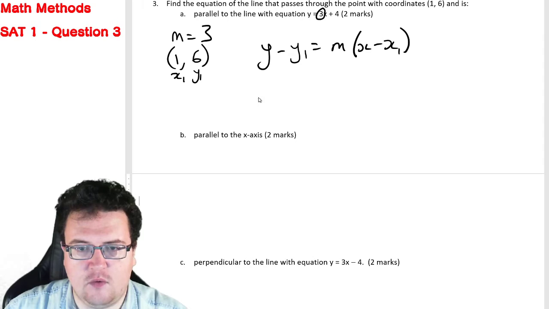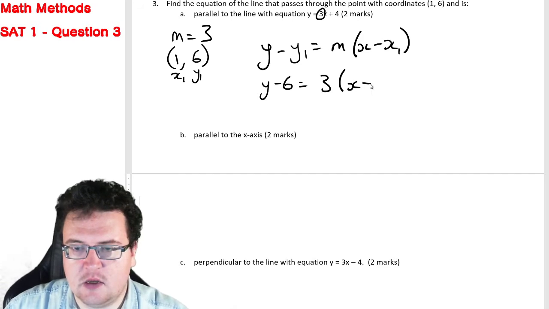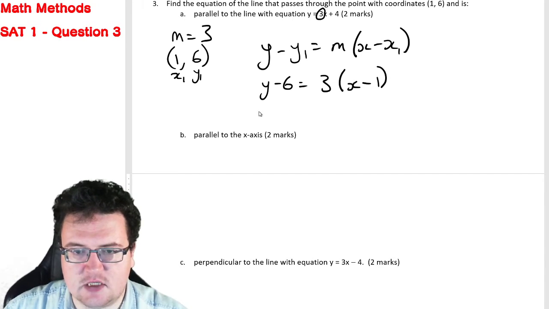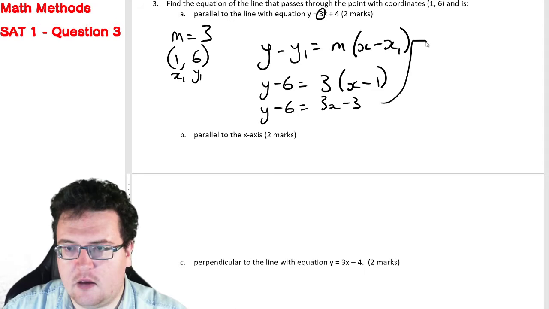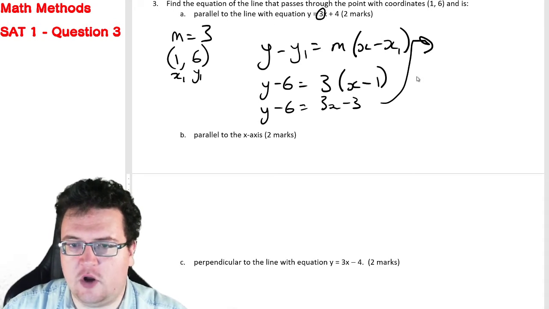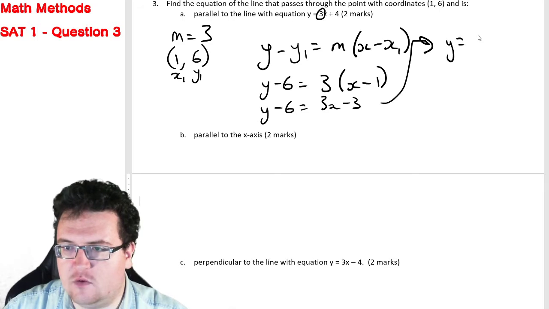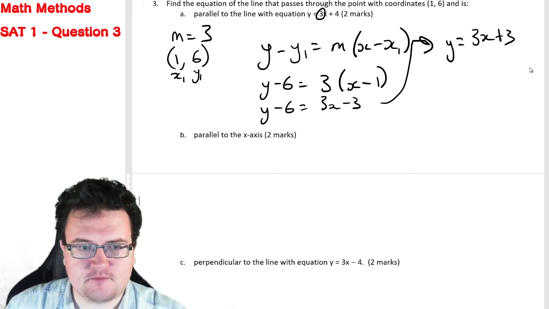So we have y minus 6 equals 3 bracket x minus 1. Expand all this out. y minus 6 equals 3x minus 3. Continuing on, we're going to add 6 to both sides. So we get y equals 3x plus 3.